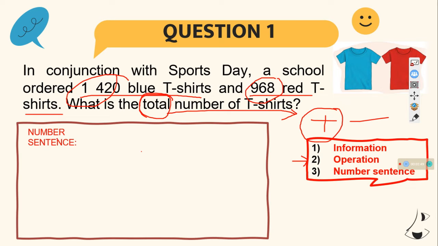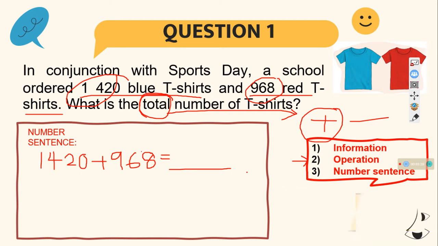Okay, so for number sentence, write down 1,420 plus 968. This one you don't have to copy in your exercise book. You only have to solve the 5 questions that I have given in the worksheet. So this is actually a number sentence. Remember, these are number sentences.